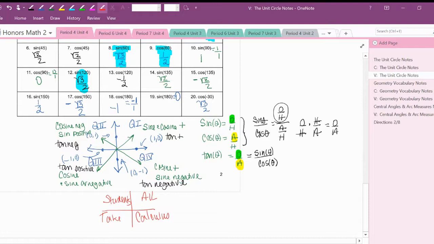So all three trig ratios are positive in the first quadrant. The sine ratio is positive in the second quadrant. The tangent ratio is positive in the third quadrant, and the cosine ratio is positive in the fourth quadrant.